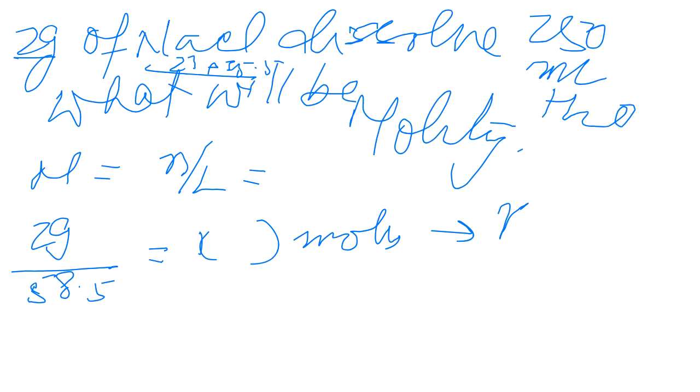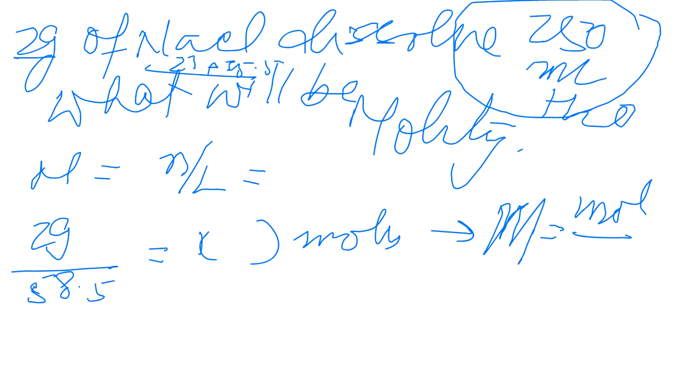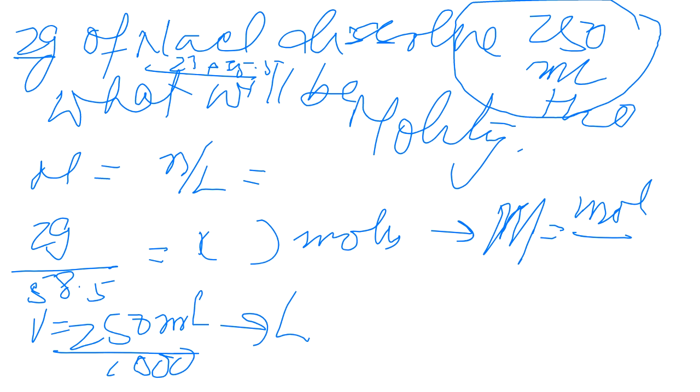Molarity is equal to moles per liter. And now how many milliliters do you have? 250 ml. This volume, 250 ml, change into liter, divided by 1000. Change into liter, you will get 0.250. So you put here mole divided by 0.250, then you calculate molarity.